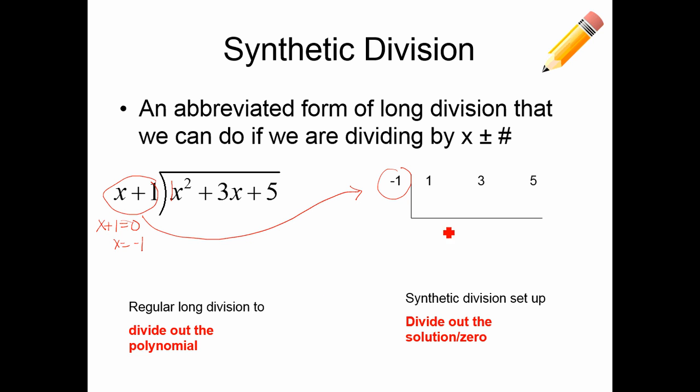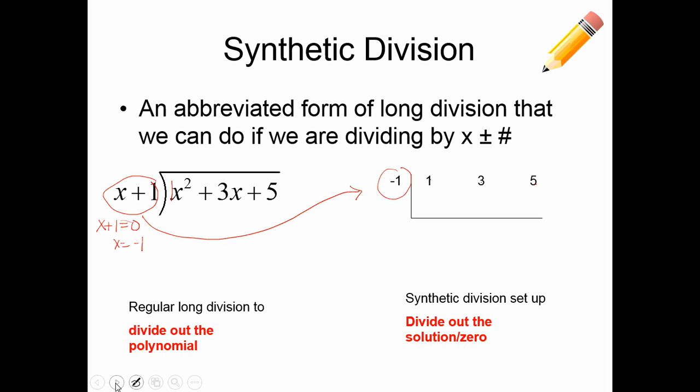It looks different. So with the synthetic division setup, we're going to divide out the solution, or the 0 we call it. But notice that the coefficients are the only numbers that we're working with, not the x squareds and the x's. Once you get that setup in there, we're actually going to divide this one to see what kind of quotient we are left with.